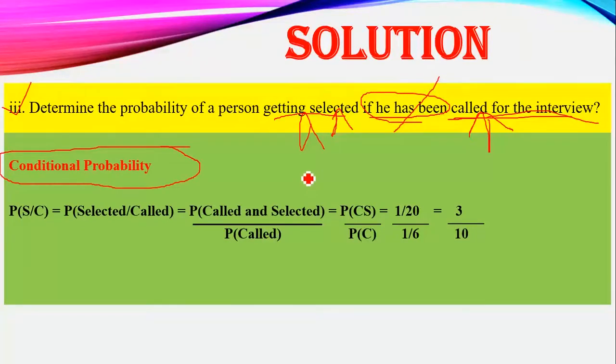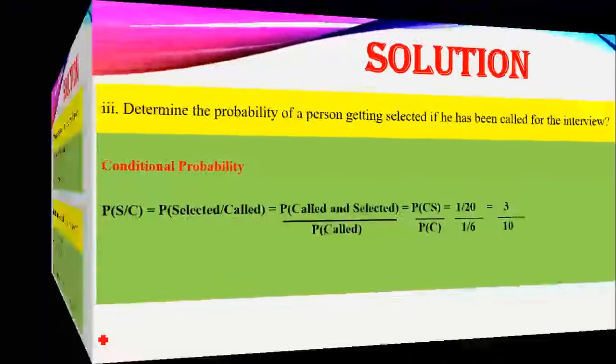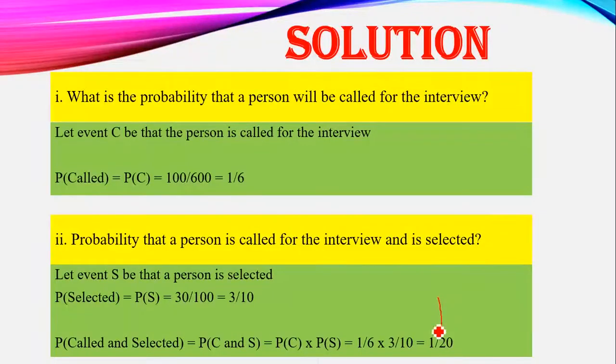So therefore, the probability of getting selected given that you are called for the interview will be given by what? The probability of getting selected given that you are called will be given by the probability of getting called and selected divided by the probability of being called. And like we have seen, the probability of being called and selected, like we have calculated here, is 1 over 20.